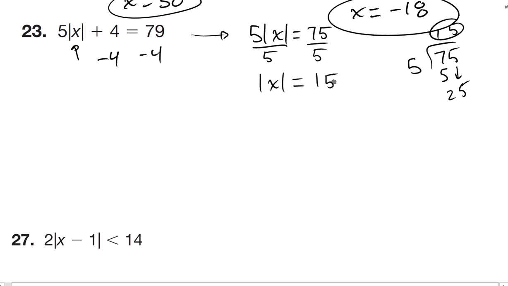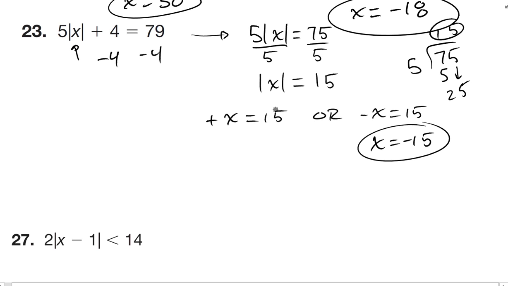In order to drop the absolute value, I'm going to have to consider both the positive case or this case. And of course, this results in the answer that x equals -15. So here we have that it lives in two places.